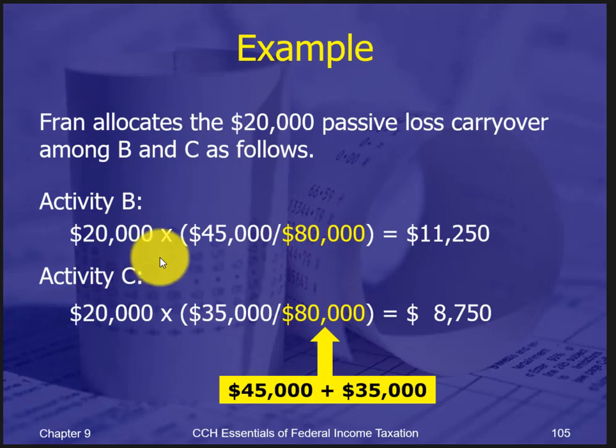You take the 20,000 multiplied by the amount of that loss for activity B compared to the total loss, and the amount of loss for activity C divided by the total loss, so 11,250 for activity B and 8,750 for C. Obviously these two should add up to the 20,000.